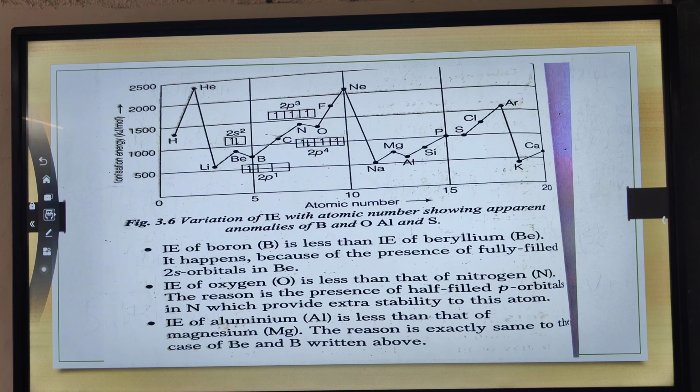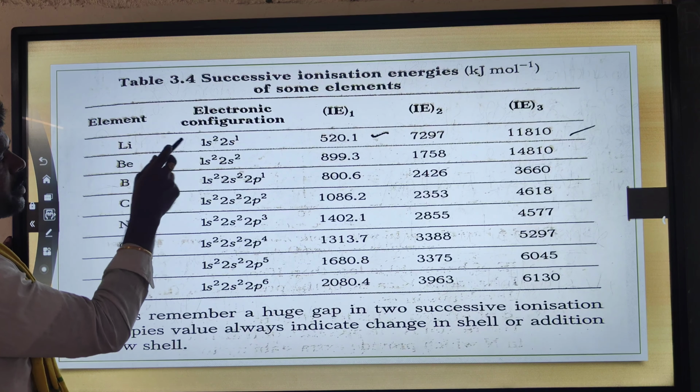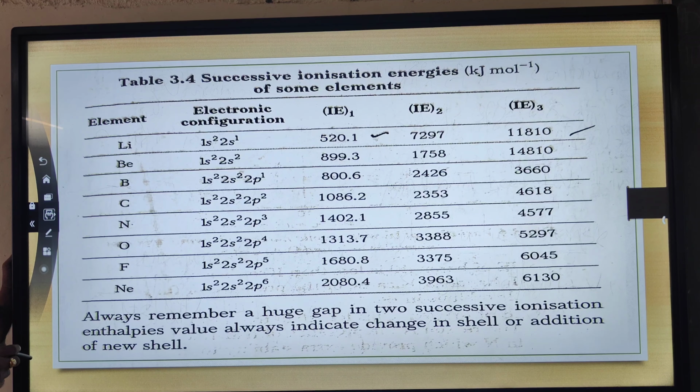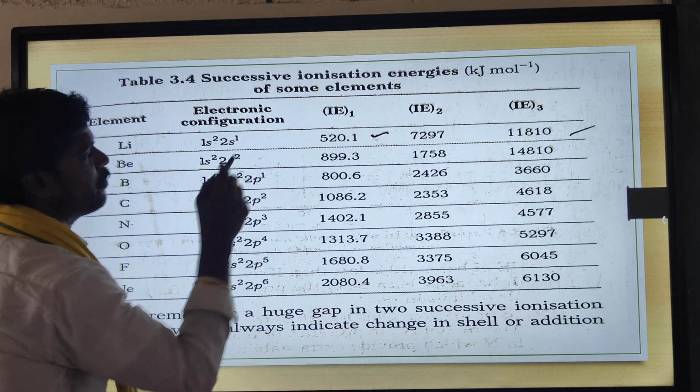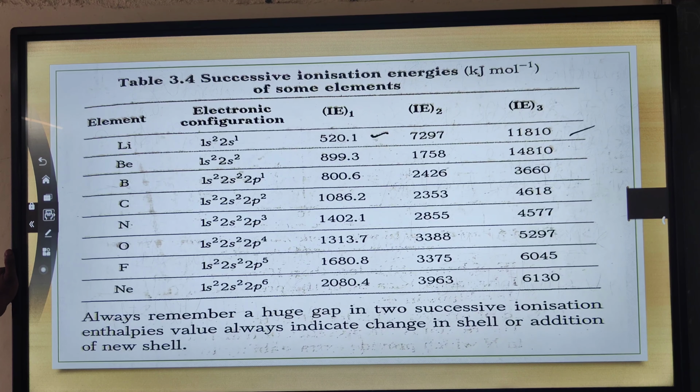Next, we are going to understand the ionization energy values element by element. Lithium, 1s2, 2s1 is the electronic configuration. Here the first ionization energy is 520 kilojoules per mole. Look at the second ionization energy value, it is 7297. A huge jump in the second ionization energy, because the second electron is held tightly to the nucleus.